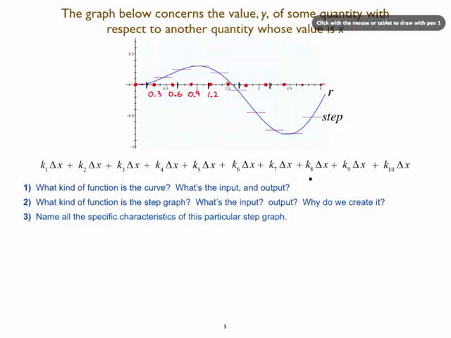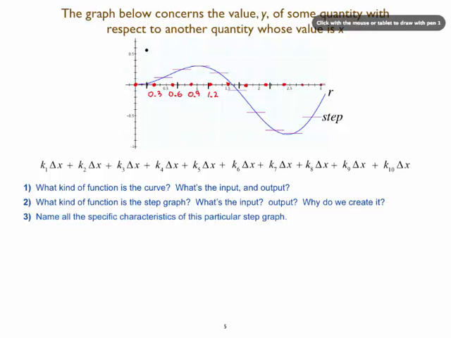Rate of change. So the y coordinates on this graph are rate of change, a relative size of a change in y to a change in x. This 0.5 right here would mean the change in y is half as much as the change in x. Okay, what kind of function is a step graph?